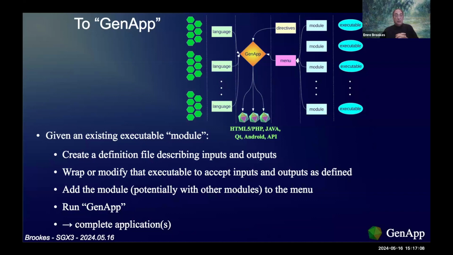Some of the target languages we have, and the one that's gotten the most attention, is HTML5 PHP. We have Java GUI applications. We've done Qt. We had some Android applications generated. And an API target, which I've used.